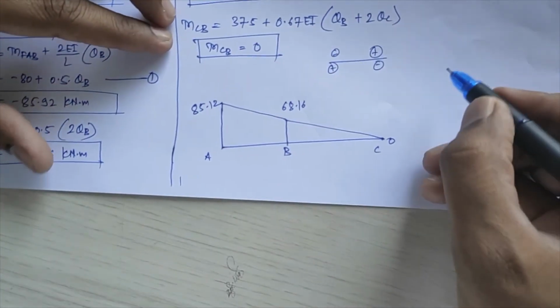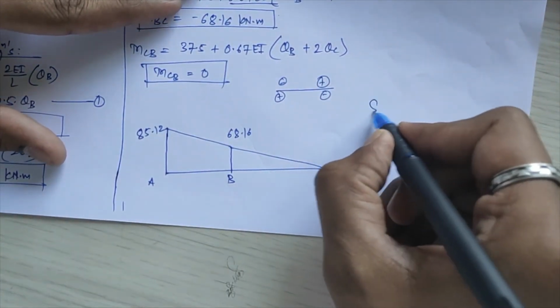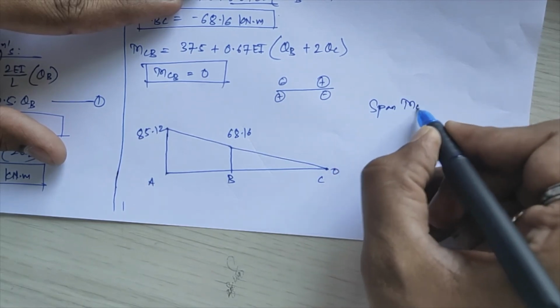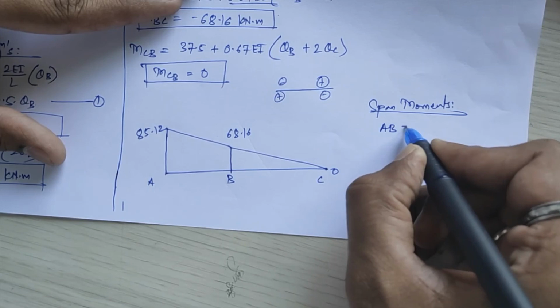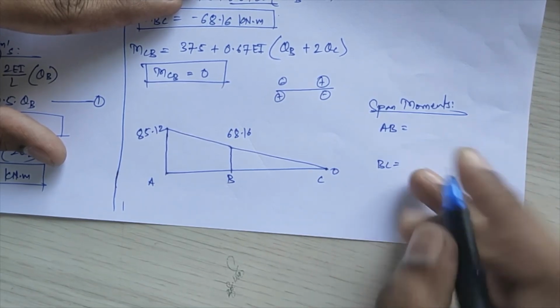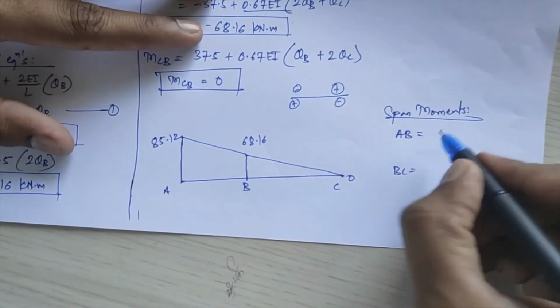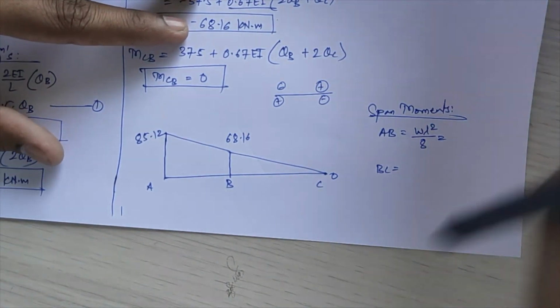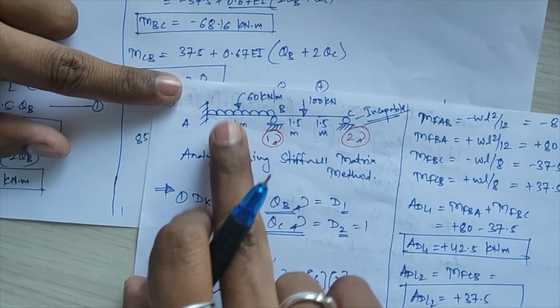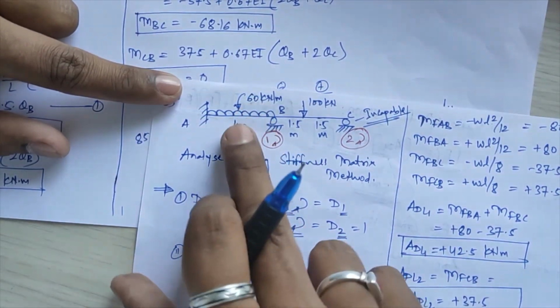We'll plot the span moments over there. So span moments we will calculate first. In the span moments, first is AB and second is BC. In AB, UDL is provided, so that will be WL square divided by 8. W is 60, L is 4.